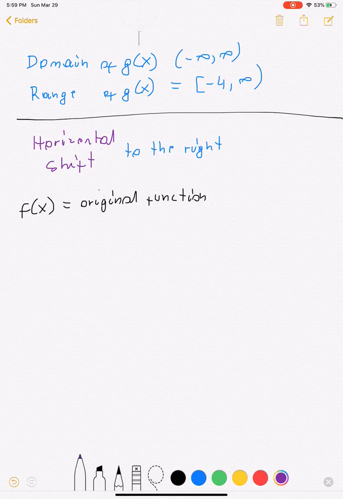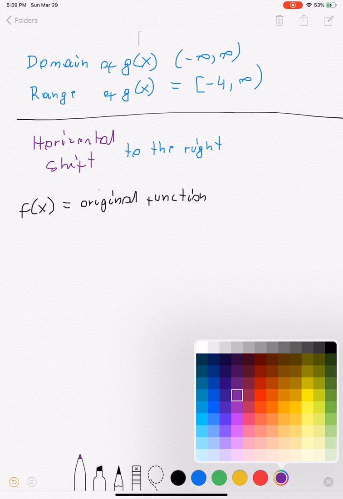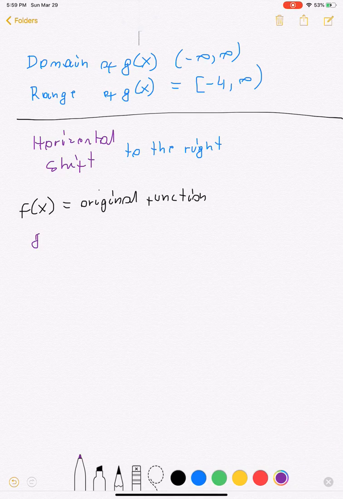And g of x is going to be the function f in the parentheses x minus c.